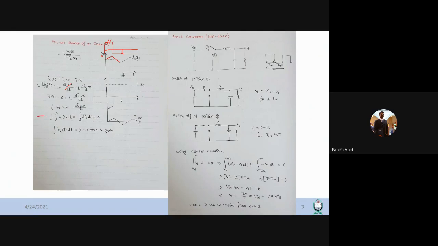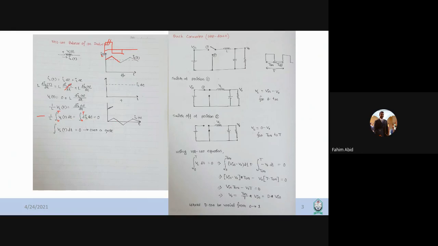that 1 over L times the integration of v_L(t) dt is equal to the integration of d(i_L,AC). If you integrate these over a cycle, this should be from 0 to T. So for the whole cycle, the integration value is 0.